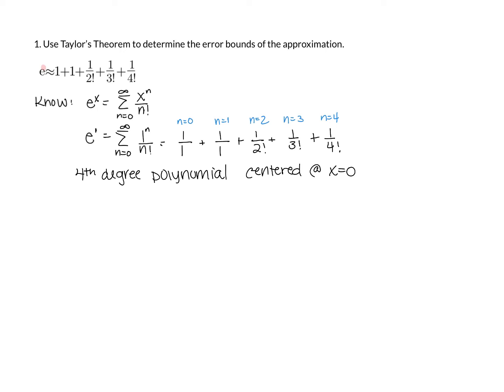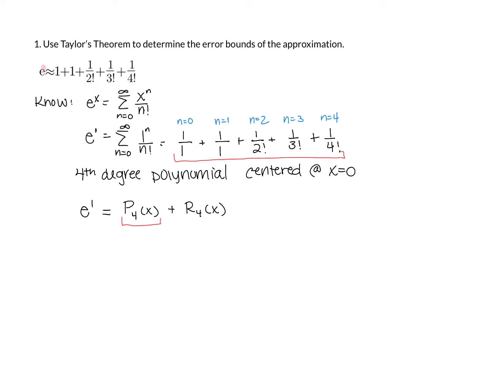If we are dealing with a 4th degree polynomial, we know e to the 1 is actually equal to the polynomial approximation at 4 plus the remainder at 4 of that polynomial. So what we have up here, these terms right here, represents that 4th degree polynomial.